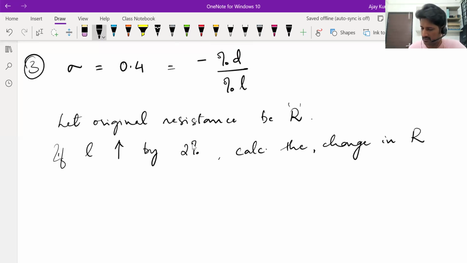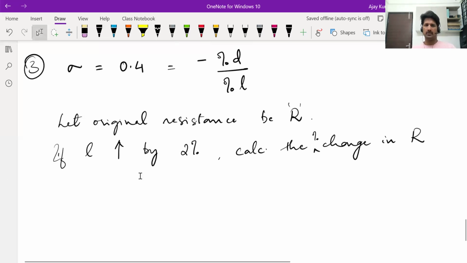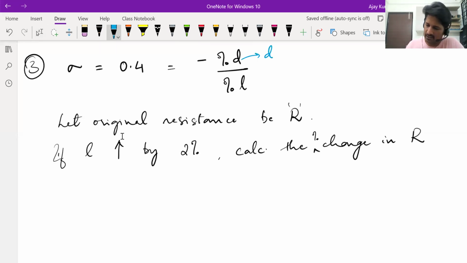What change? Percentage change in resistance. By what percentage does it increase or decrease is what you need to find out. Try this, all of you. I'll give you 2 minutes. And remember, D here denotes diameter, not area. L is the length of the wire.